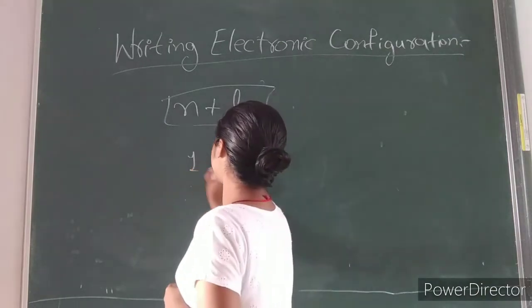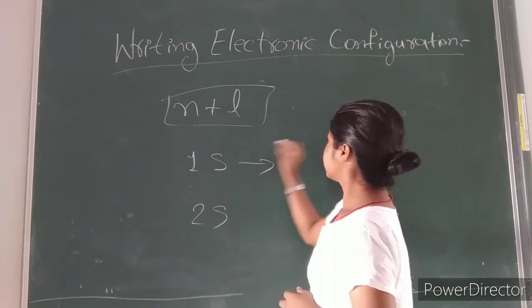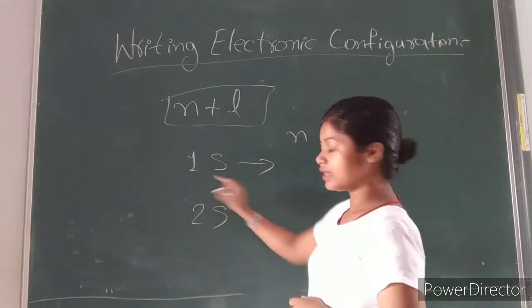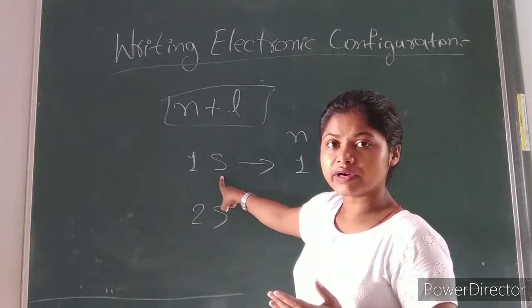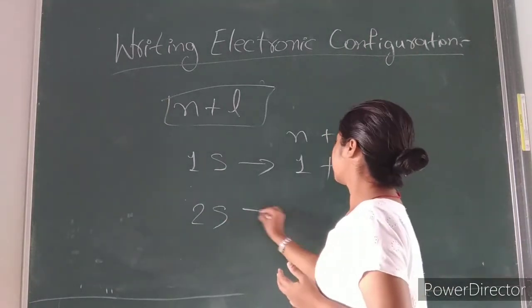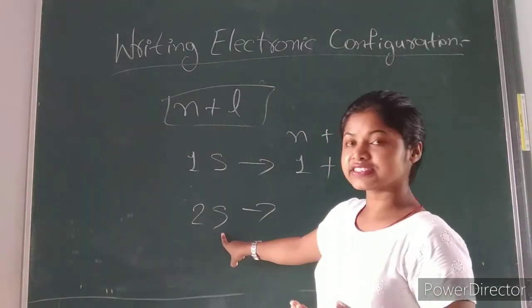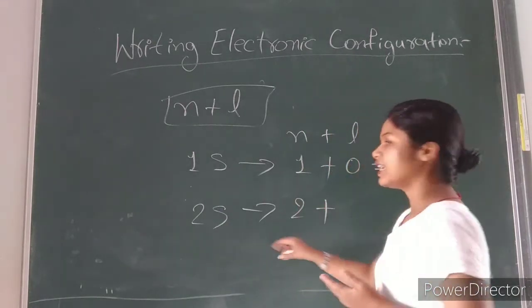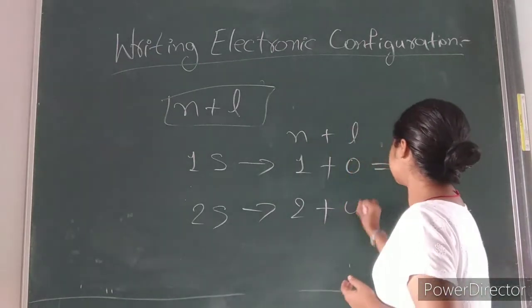Like taking the example of 1s and 2s. For 1s, n plus l: its orbit number n is 1, and l, the value of the azimuthal quantum number for s, is 0. So 1 plus 0 is 1. Now coming to 2s, the orbit number is 2, so n equals 2, plus the s suborbit has l value 0.